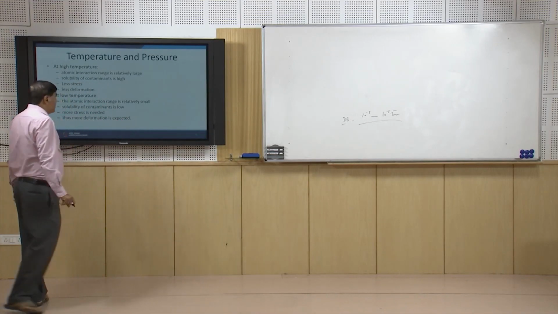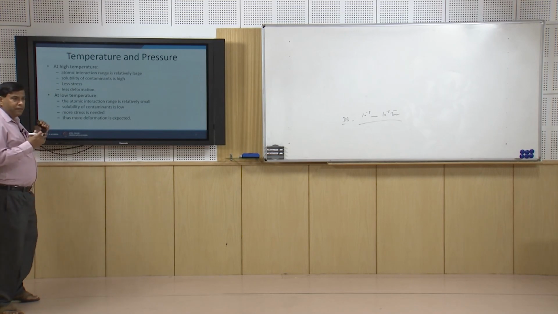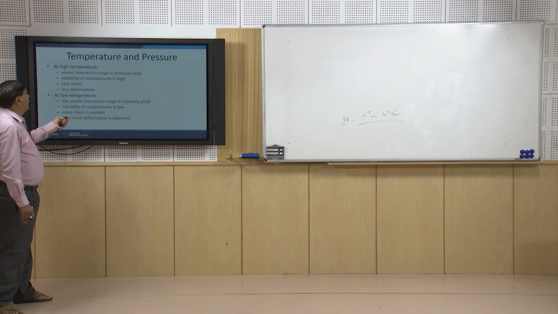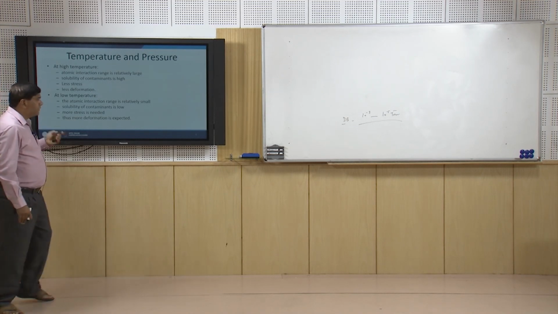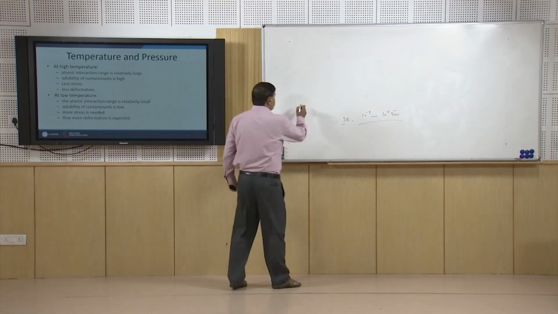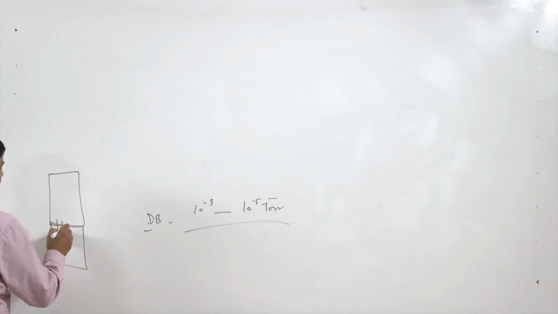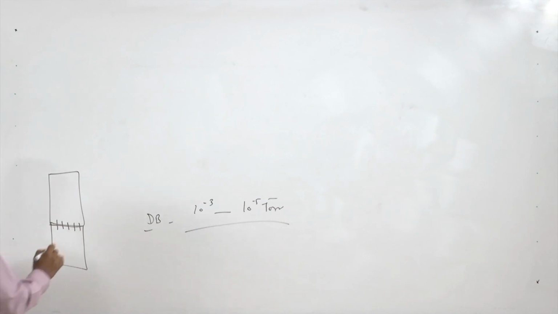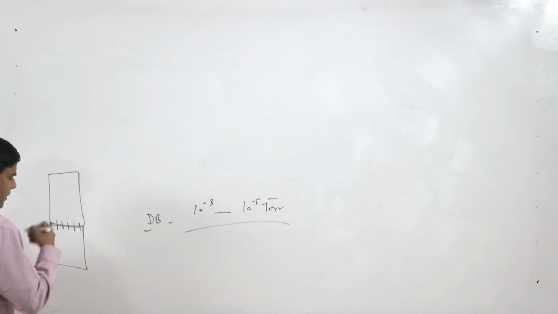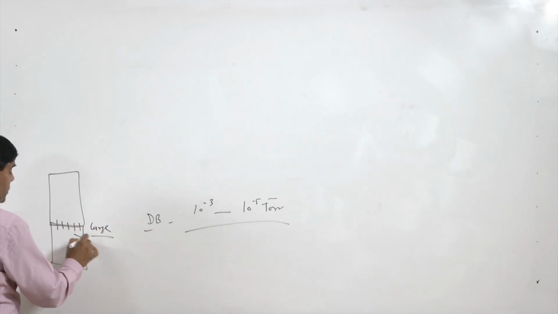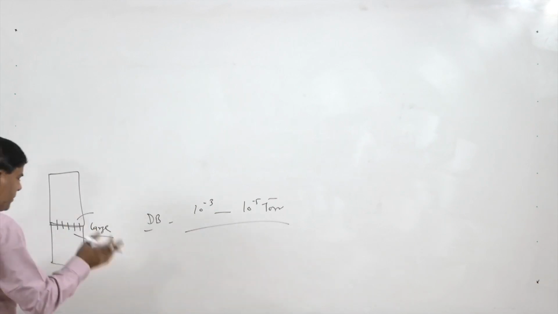Now, the two important things to be observed: when solid state bonding is achieved at a high temperature, the atomic interaction range is really large and solubility of the contaminants is high. So it requires lesser stresses and the deformation at the interface is less. If the two components are joined at a high temperature, then the interatomic interaction across the interface between the two components is large, and of course all impurities and alloying elements can diffuse a lot.